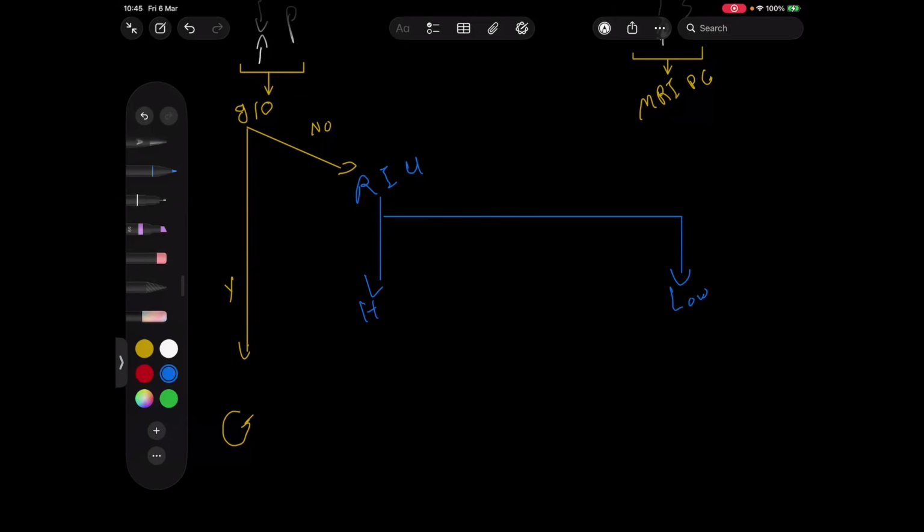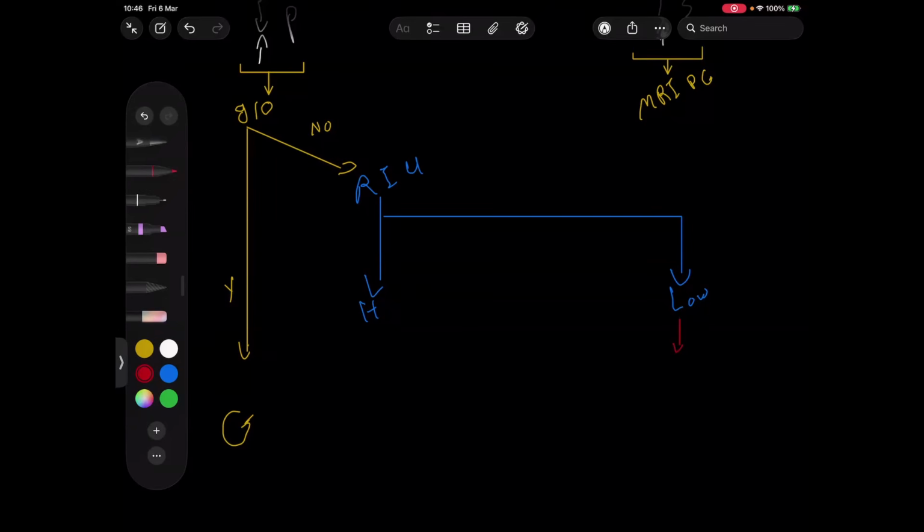If it's low, you know the answer. You're going to think about thyroiditis. But after you find it low, what else could you do here?